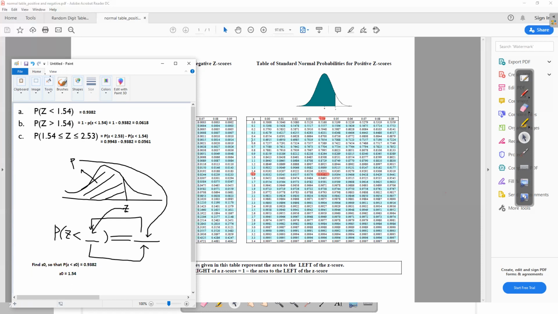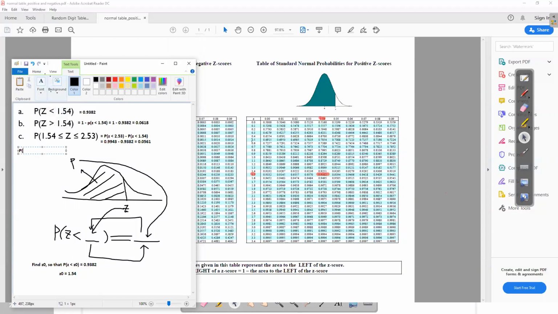For example, if you try to find probability of Z less than 1.548, of course, you can't find 1.548 on the Z table. You only have 2 decimals. Then this will be approximately equal to probability of Z less than 1.55, right? Then the problem is solved. You approximate it a little bit. And 1.55 gives 0.9394.